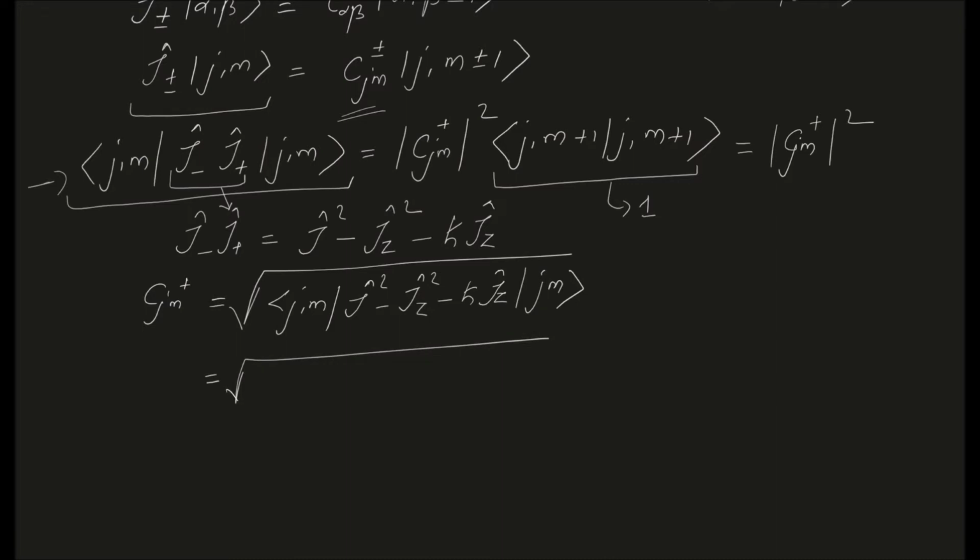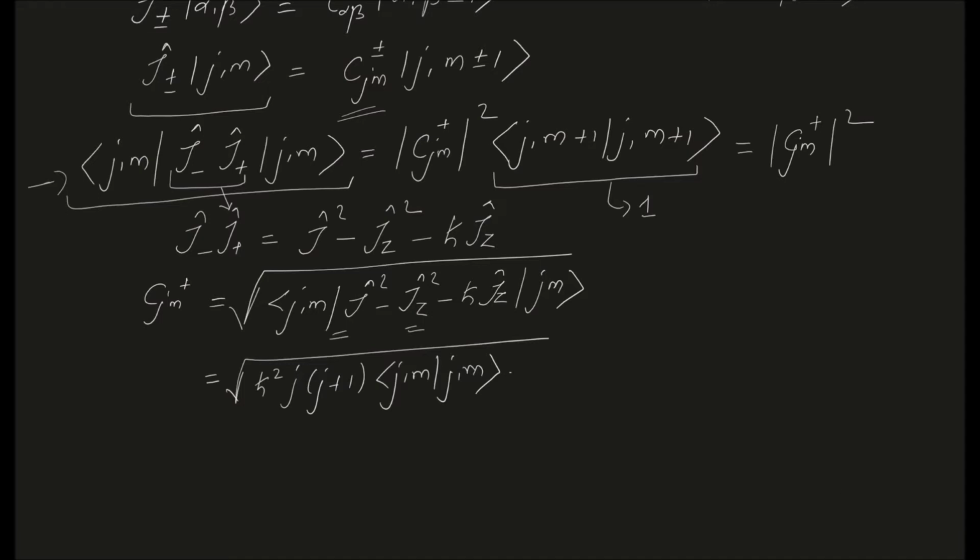Now you know that when J square acts on the jm basis, we get h cross square j into j plus 1 as the eigenvalue, times jm.